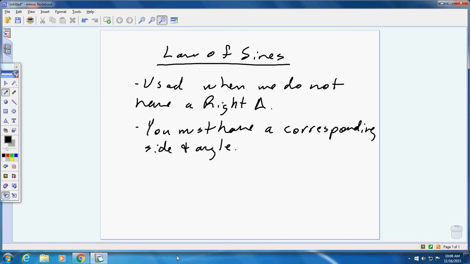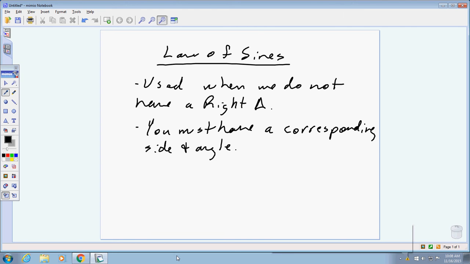You need a corresponding side and angle. This is an important thing about the law of sines.